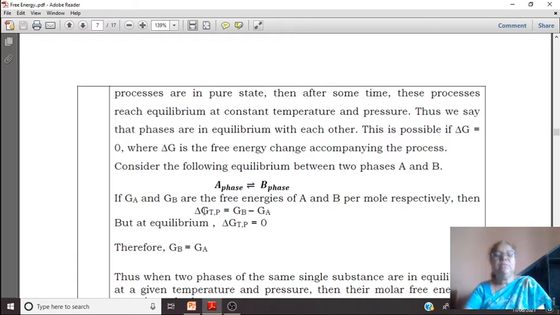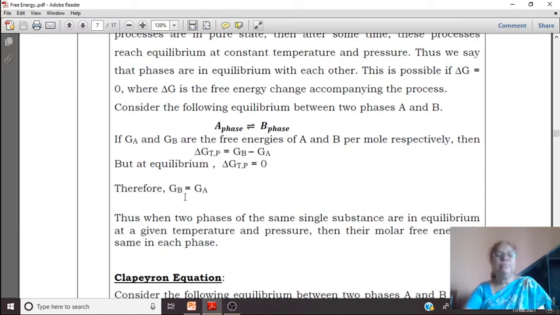That is the change in free energy of this vaporization process, the free energy of the vapor phase minus the free energy of the liquid phase, and it is equal to 0 at equilibrium. Therefore, we can write Gb equals Ga.